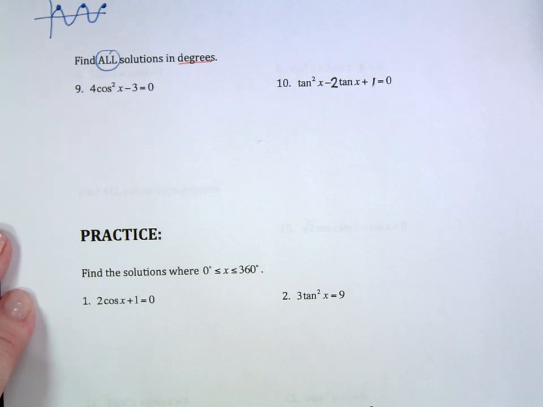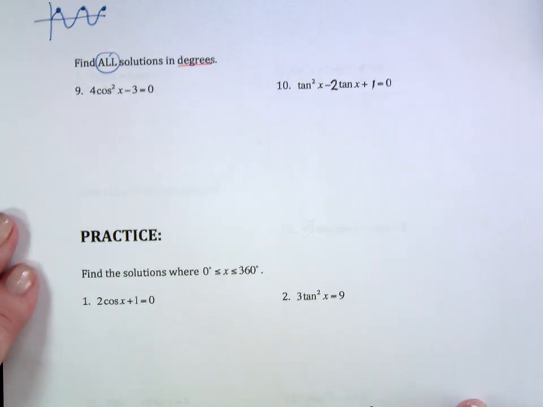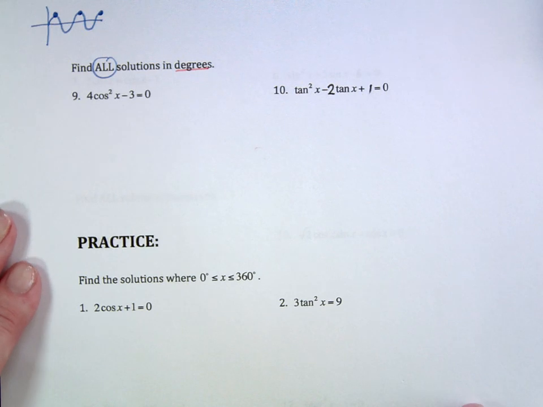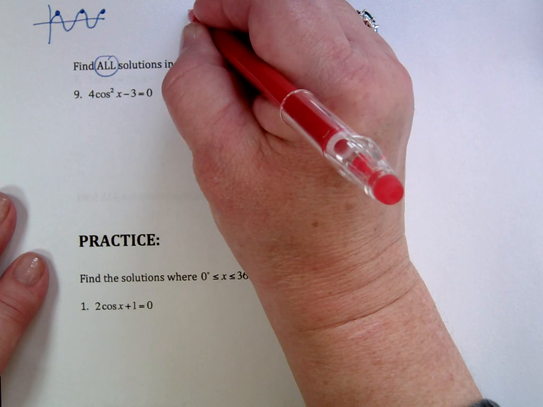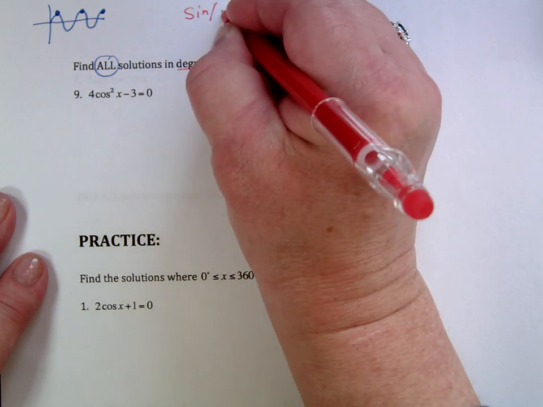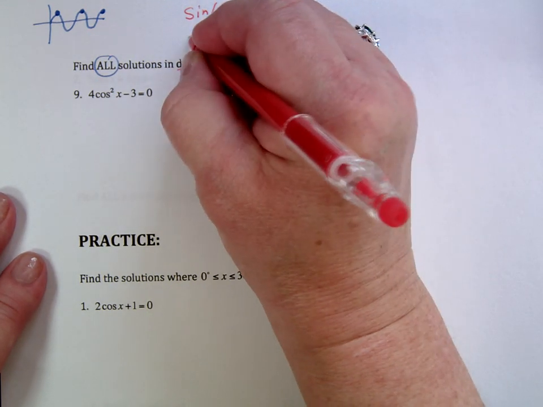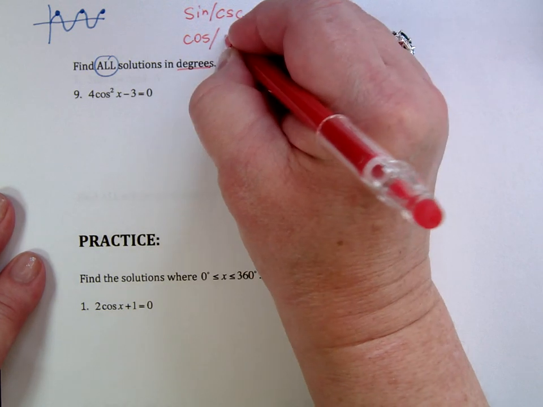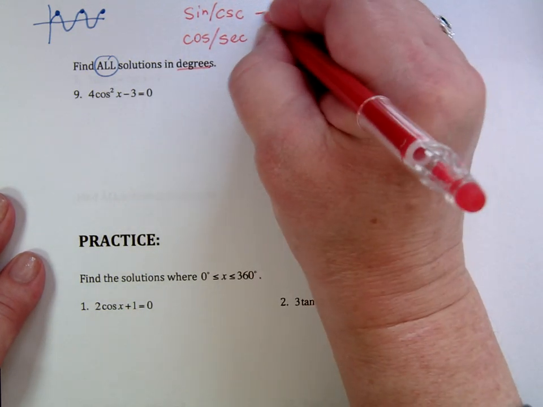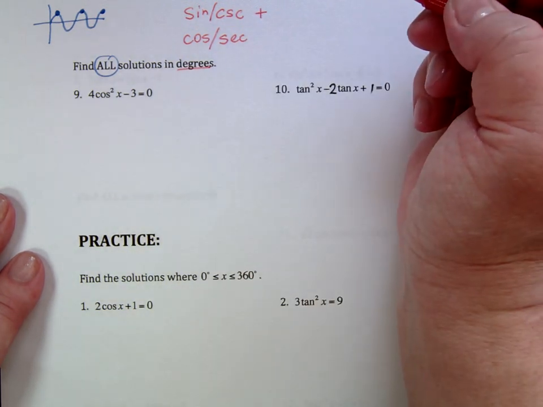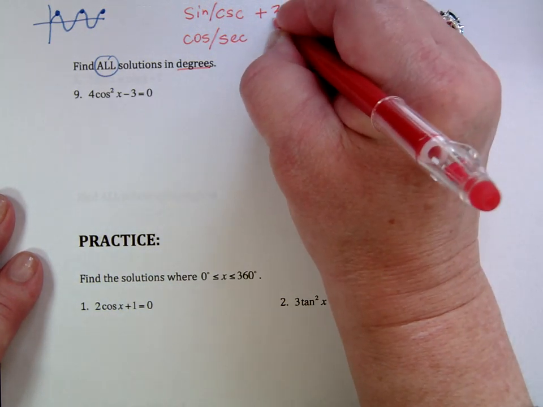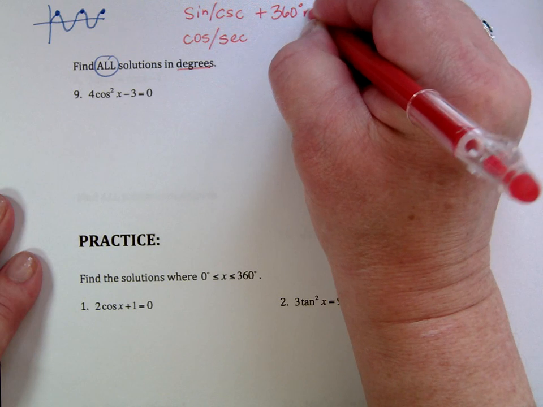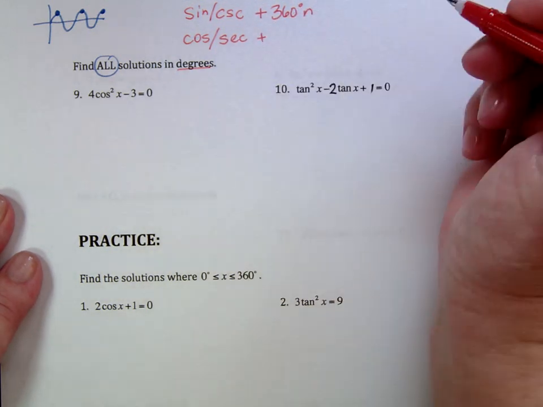So I'm going to give you a little chart here to put at the top of the page that's going to be what you do when you see that they want all solutions. So if it is sine or its friend cosecant, or if it is cosine or his friend secant, you're going to write at the end, after you solve it, just like you solved the last 8 problems, all you need to do is put plus 360 degrees n, and I'll discuss why that is in just a second.